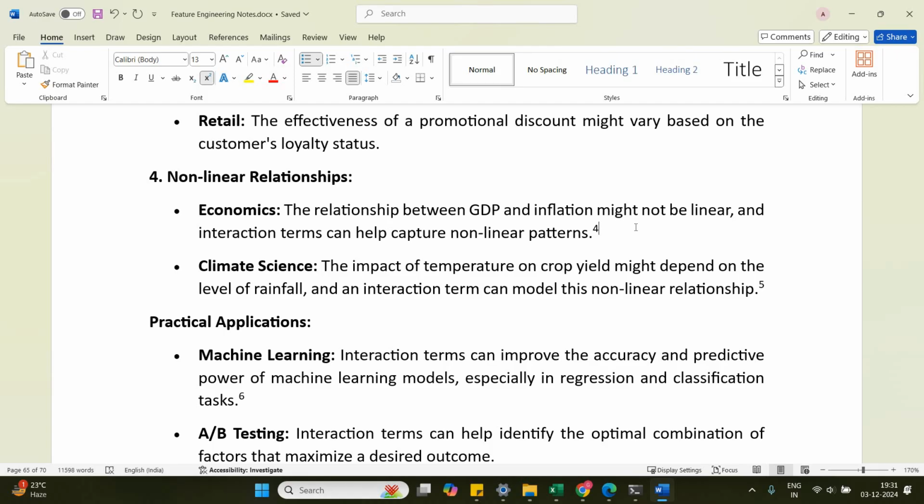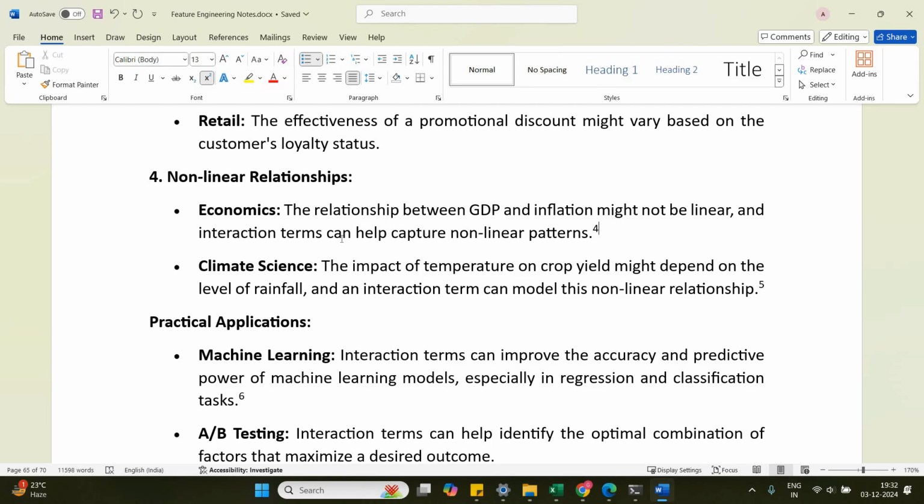On the other hand, because of inflation the price of the raw material increases, and as a result, even after producing fewer units of the same product, your GDP goes up. So you can see that the inflation and the GDP are not always linear.